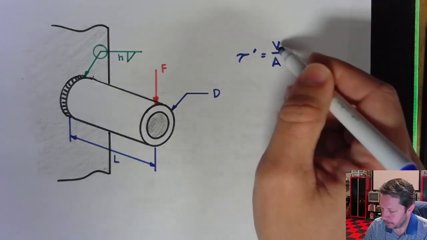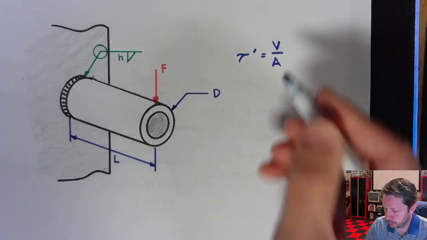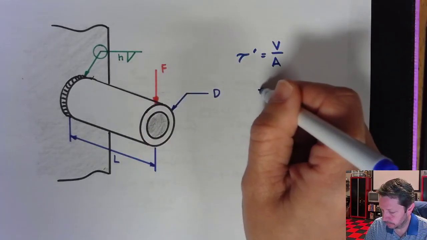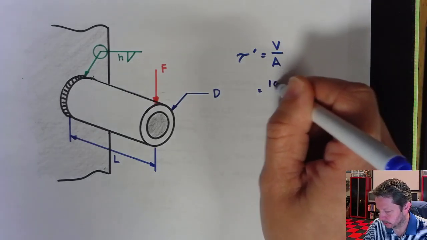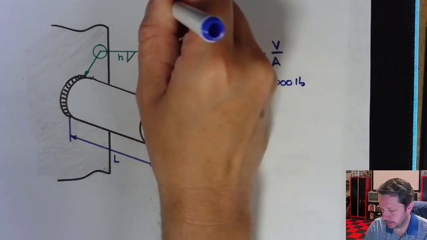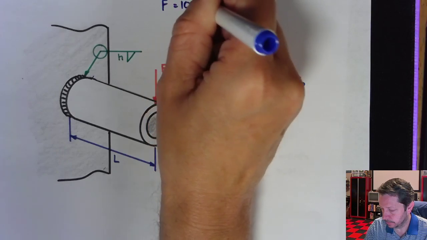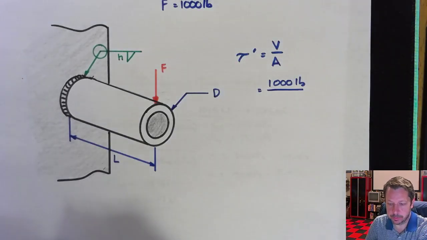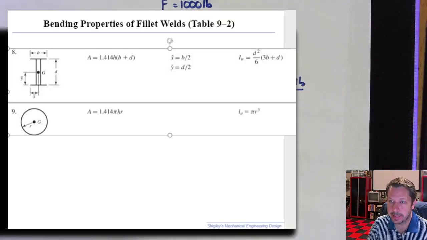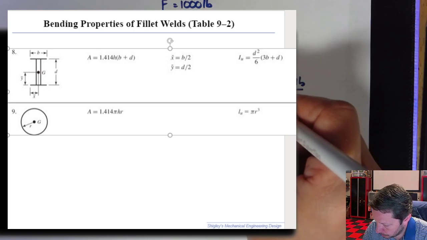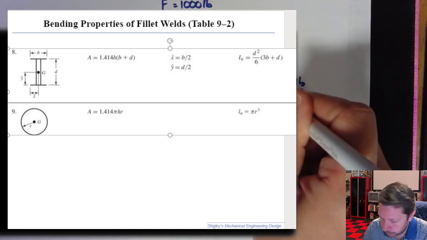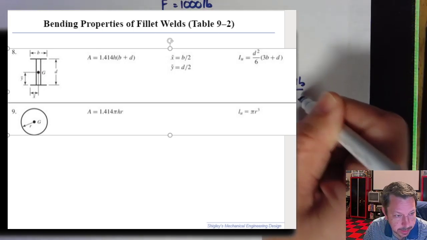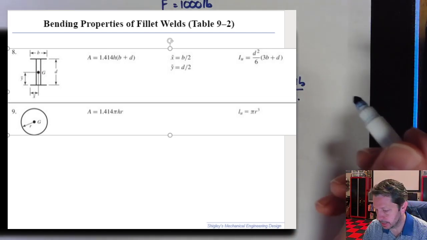V is the shear force F. Let's just give that 1,000 pounds. Over A, we have to look back here. It says that A, the area of the throat of the weld for a circle of some radius, is 1.414 times pi times H, our weld size, times R. We didn't give it a weld size.